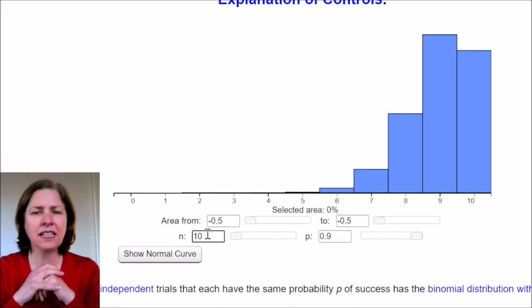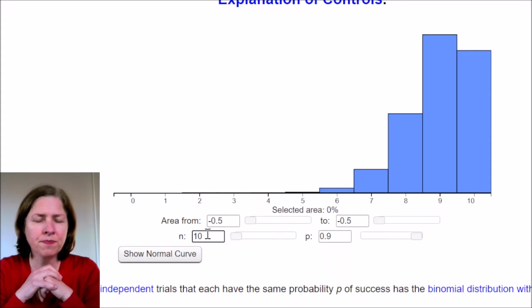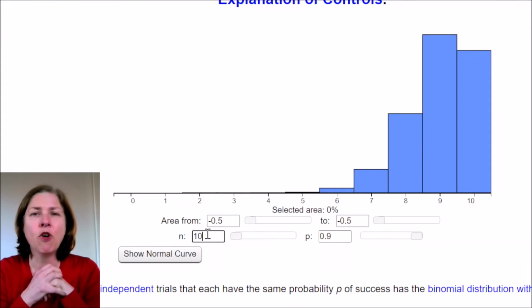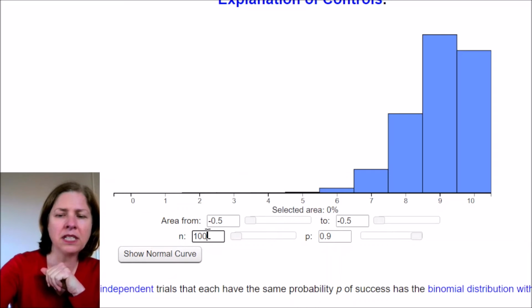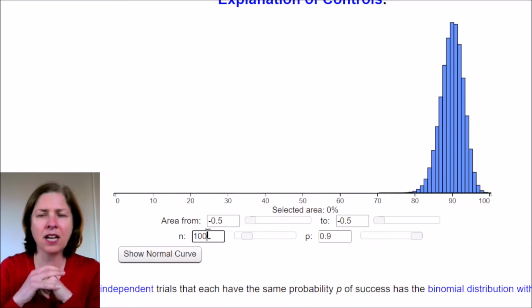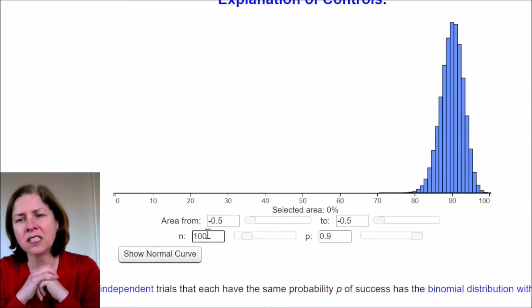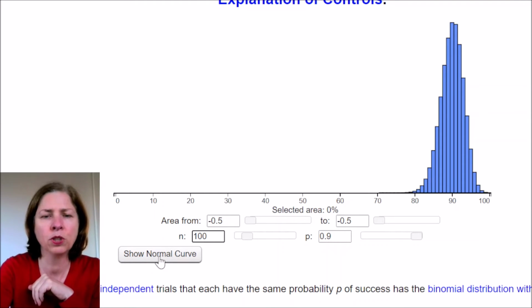When n is 10, it's still very skewed. But 10 times 0.9 gives me 9, which is greater than 5. But if I now multiply that by 0.1, which is q, that is definitely not big enough to give me a normal approximation, okay? Whereas if I increase my n here by 100, that's going to make both of those values bigger than 5, and it starts to look like an approximately normal curve.